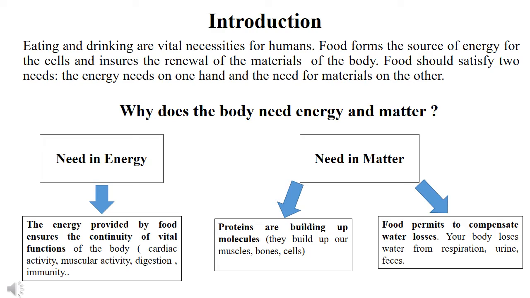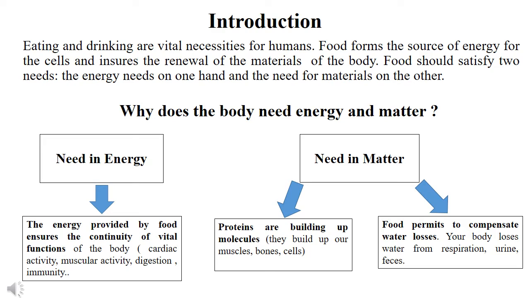The body needs energy to ensure the continuity of vital functions of the body, for example, cardiac activity. The heart cannot pump blood without energy. Moreover, our immune cells cannot protect us from intruders without the energy that we get from food.